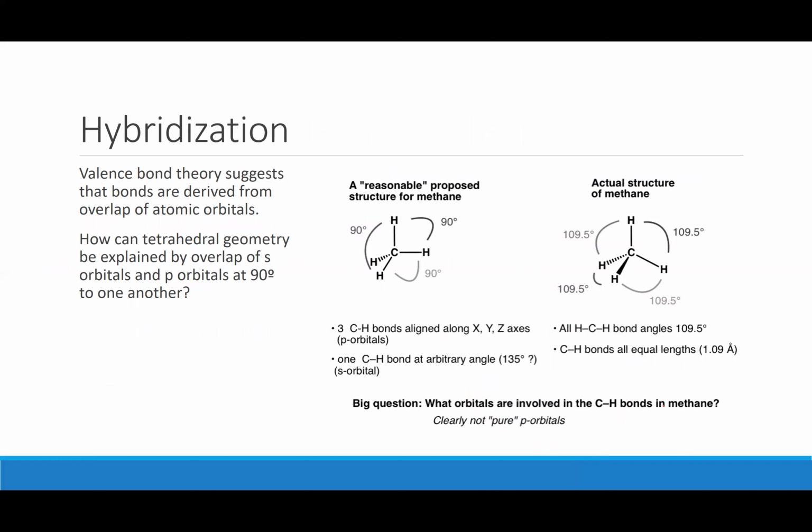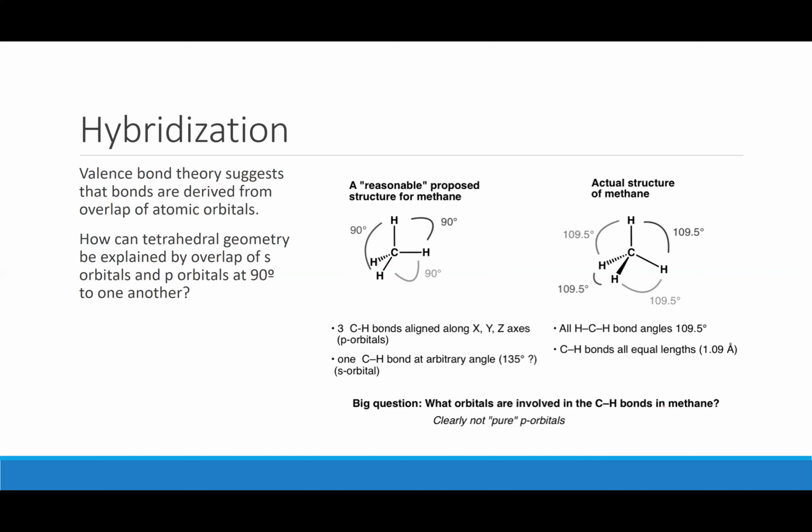Valence bond theory suggests that bonds are derived from an overlap of atomic orbitals, as we just talked about. However, there are some inconsistencies when we originally think about this. For example, we just talked about the tetrahedral geometry of orbitals in things like methane.